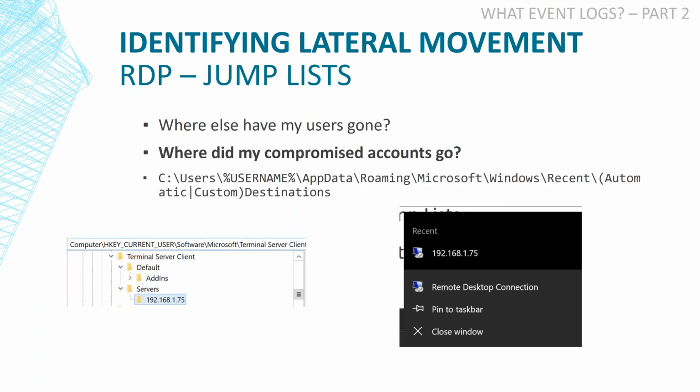If you've used a Windows 7 or above system, depending on the different settings that are on there, you may be used to jump lists. As I'm sure a lot of folks are familiar with, all you do is hover over a particular executable.